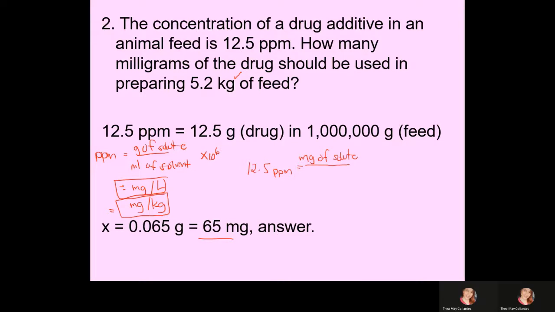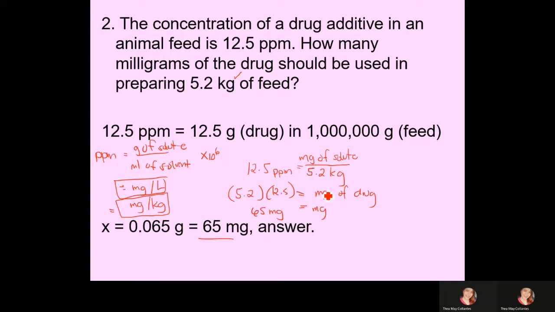Okay? Times 5.2. Okay. So let's put 5.2 kilogram here. So just transpose the formula. Milligram of the drug. So 5.2 times 12.5, that would be 65 milligrams. So it's direct already, guys, no? No more complicated steps.